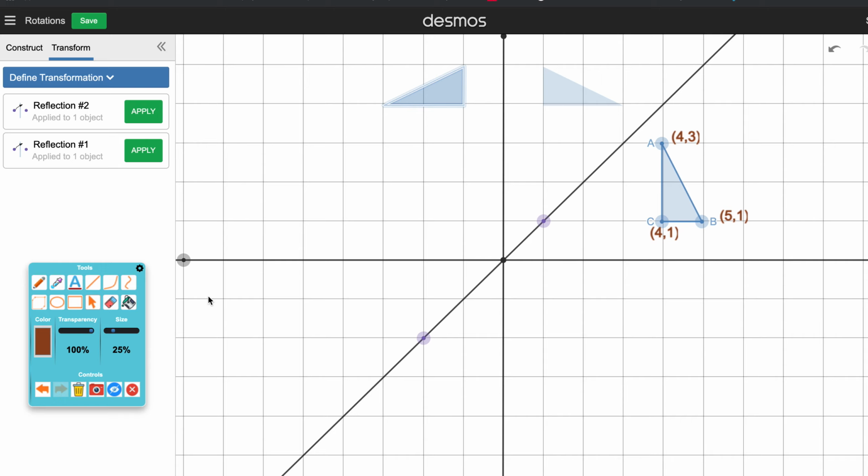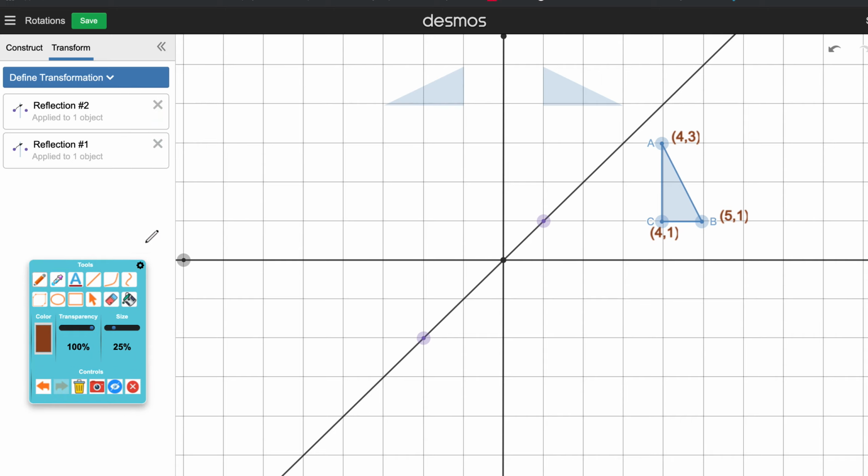So remember, from a notation standpoint, we're looking at this being A prime, and we know that A prime is 3, 4, because it's a reflection over the line y equals x. That was our first one, right? And then it was, of course, a reflection over x equals 0, which is the y-axis.